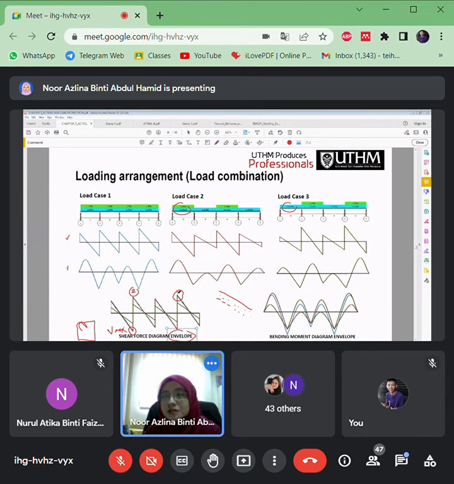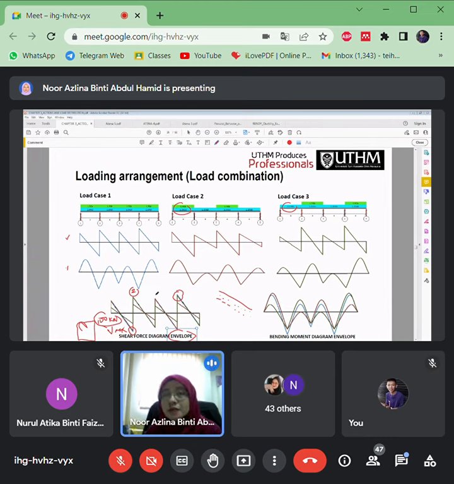Either you just use the highest value for the Vmax to design for the whole shear links, designing the beams according to only one Vmax. Katalah Vmax ini hundreds kilonewton, so semua shear links dekat beam, continuous beam ni akan guna 100 kilonewton.